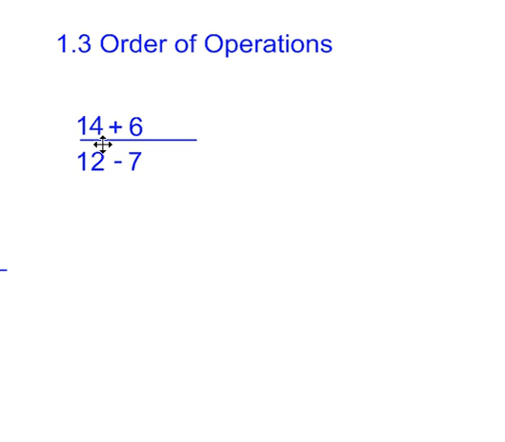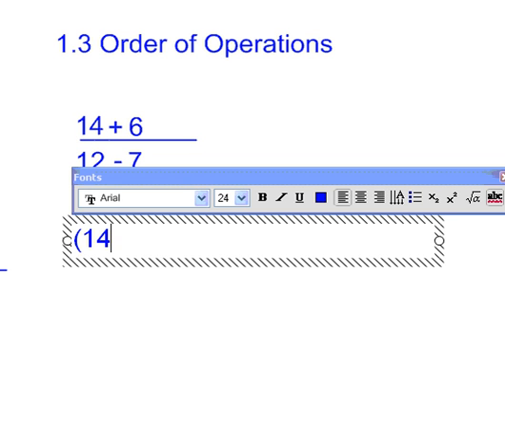Now let's look at another problem. And this typical problem really causes some problems for students. Here we've got 14 plus 6 divided by 12 minus 7. And what we do to make this problem a lot easier is we're going to rewrite the problem. The first part we're going to rewrite is 14 plus 6. And the way we're going to rewrite it is realize that the top is a group.